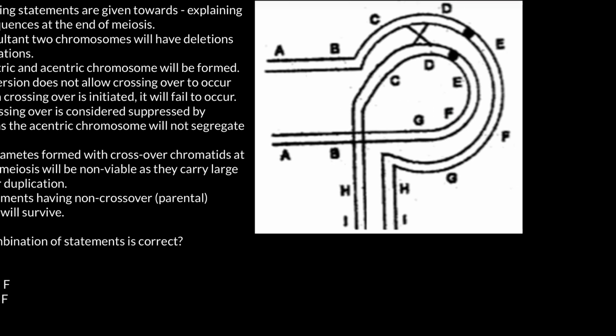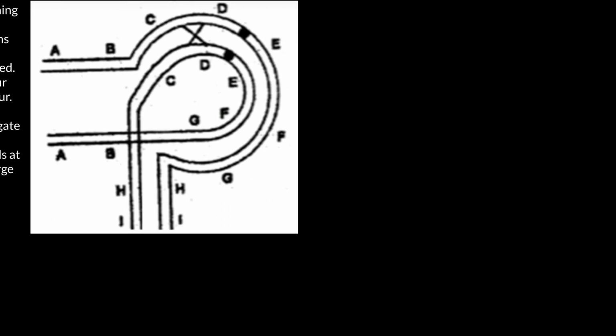So first of all, let me use a couple of other drawings to explain what's happening here. One step before what we see here, usually in the middle of meiosis, we may find chromosomes which look like this.